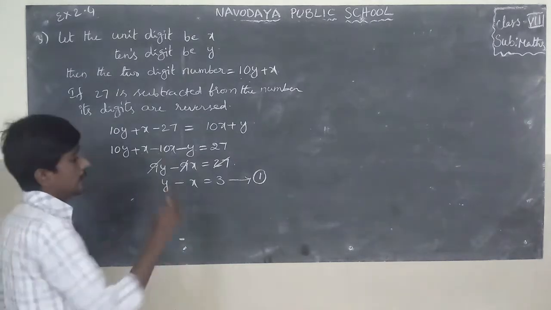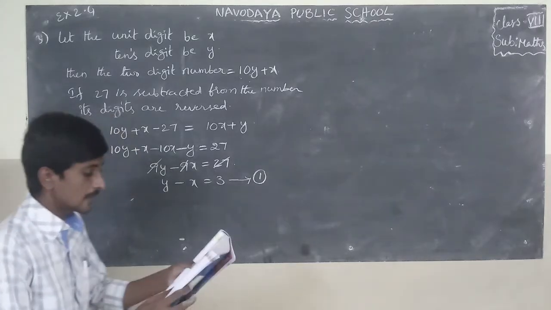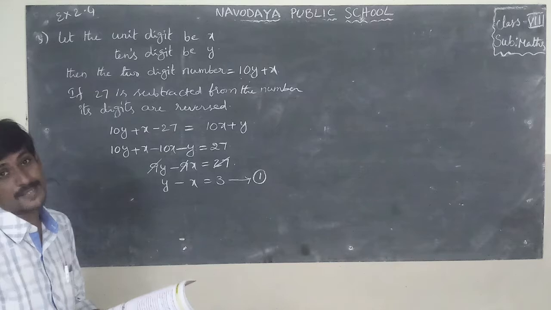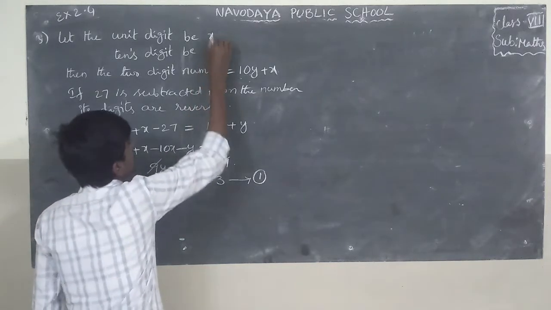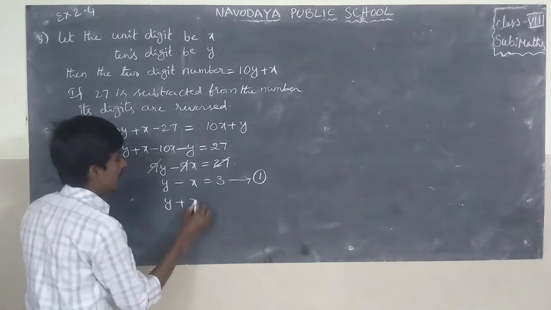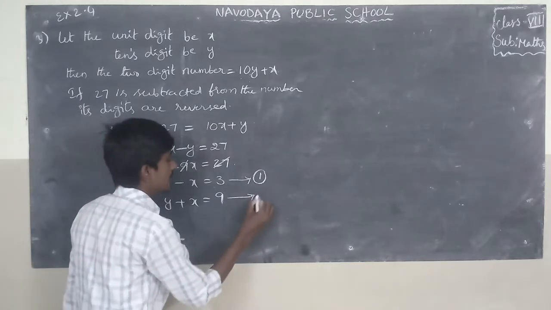Another one is also given. The statement: a number consists of two digits whose sum is 9. So these two adding gives 9, so y plus x is equal to 9. This is the second statement.